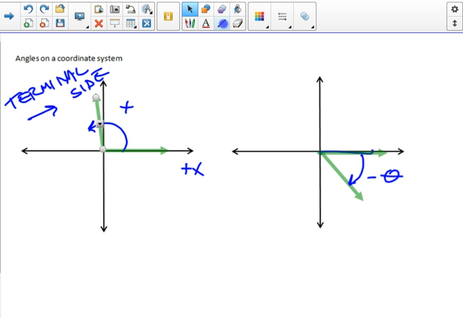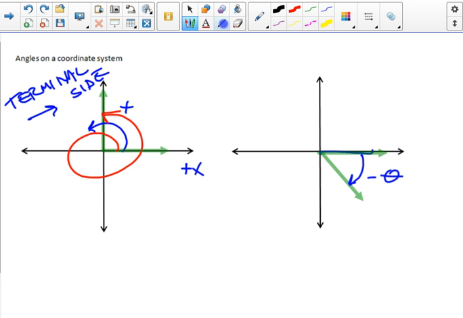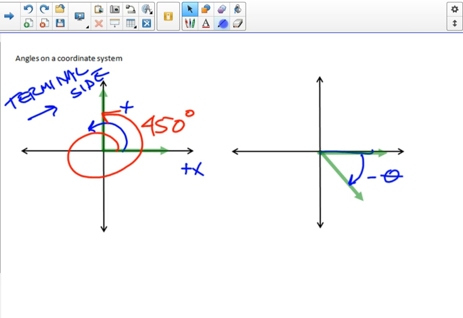So when I see what looks like a 90, it might be a 450 degree angle. Keep that in mind, you can have multiple rotations. And of course, a negative 450 degree angle would be all the way around this way and then another 90, so it would be down in here.